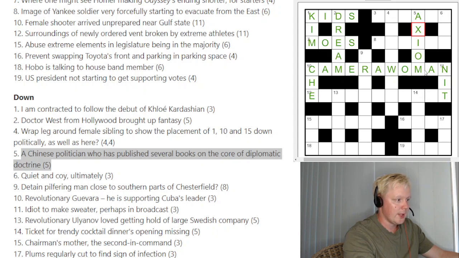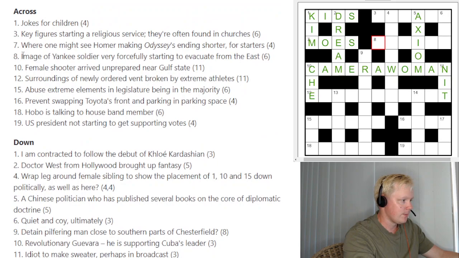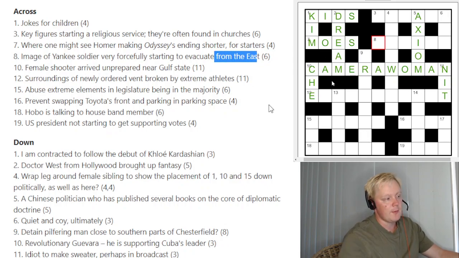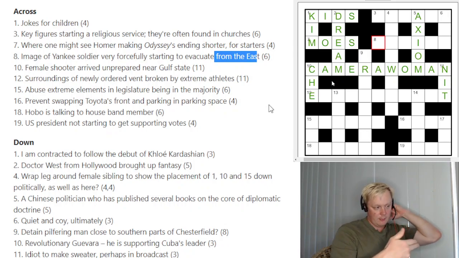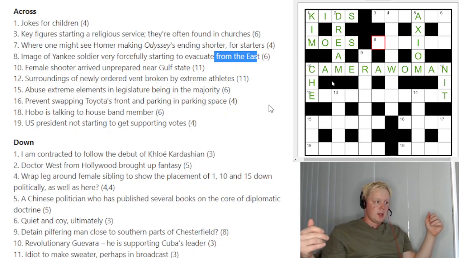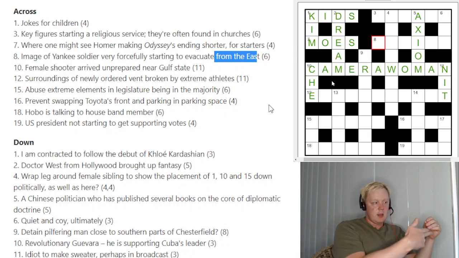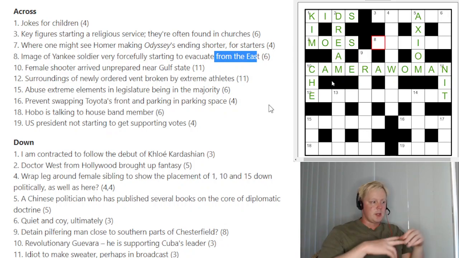So let's do, how about this 8? 8 across. Image of Yankee soldier very forcefully starting to evacuate from the east. Now from the east, if something is coming from the east, this is an across clue. The east is the right side of the map. So if something is from the east, it is in the opposite direction that we normally write. So that is a reversal indicator.